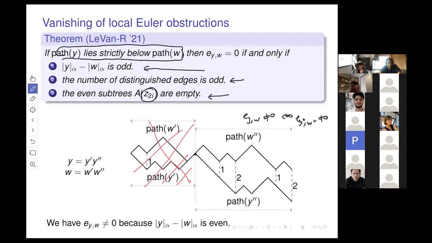Again, they're easy to check combinatorial criteria. For instance, in this example, I'm just going to focus on one of them. In this example, this number is really the same as the capacity of the last.